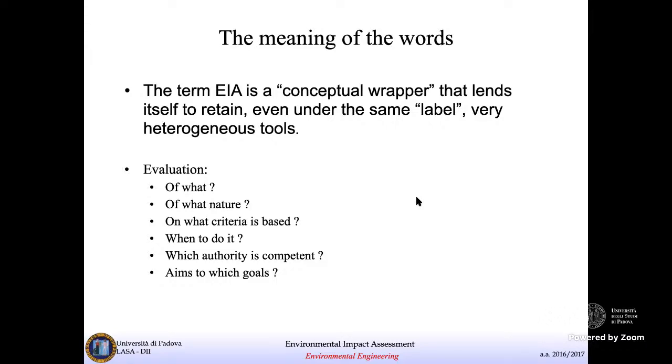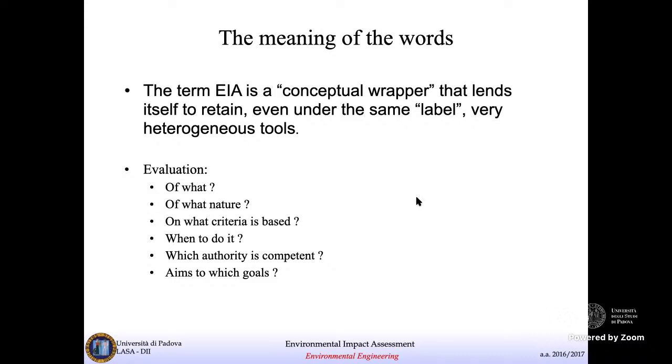The term environmental impact assessment, as I already told you, is a conceptual wrapper that retains, under the same label, very heterogeneous tools. So we ask ourselves: what are we evaluating? What nature or type of evaluation is it? On what criteria is the evaluation based? When is it the case to do this kind of evaluation?